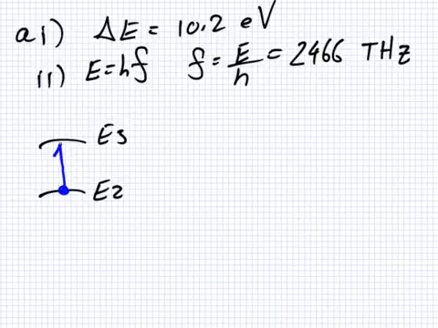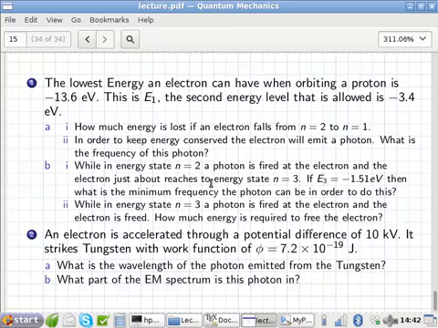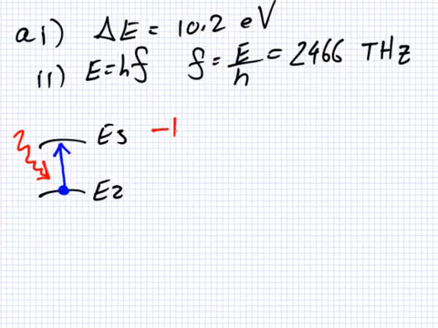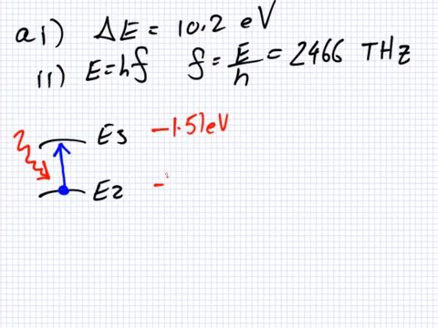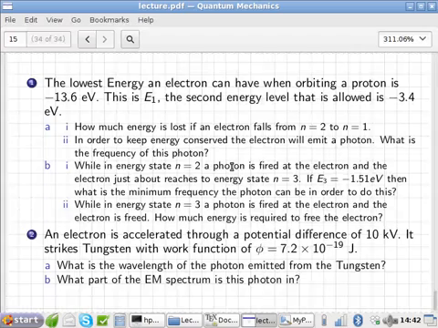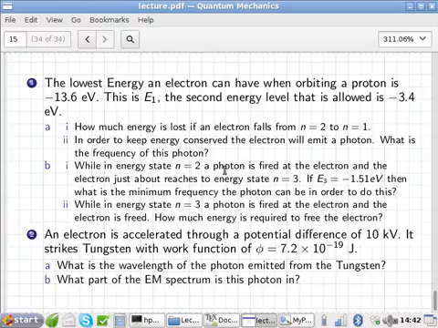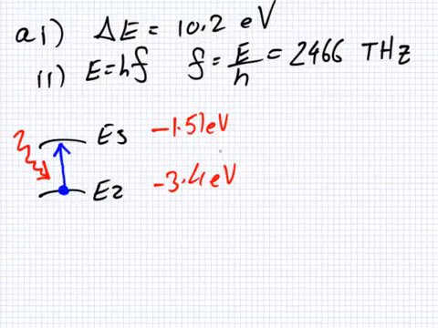It moves up because a photon is fired at it. And here this is minus 1.51 eV, and the previous one was minus 3.4 eV. So my next question then is, what is the frequency of this photon?